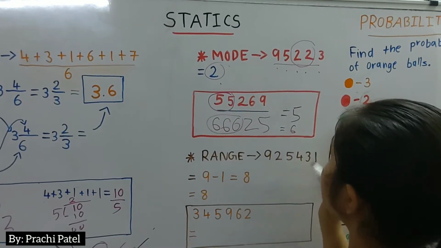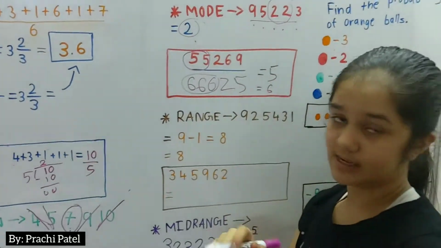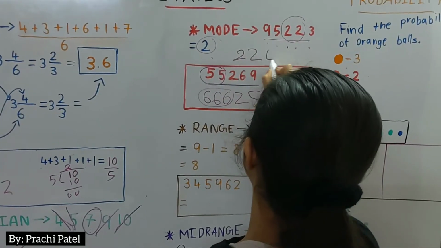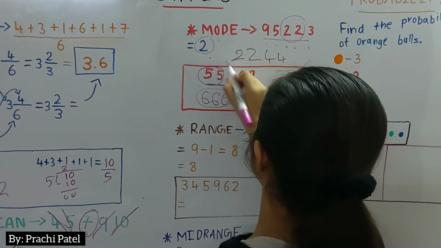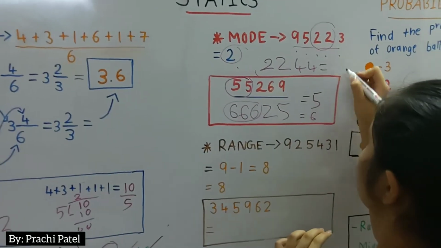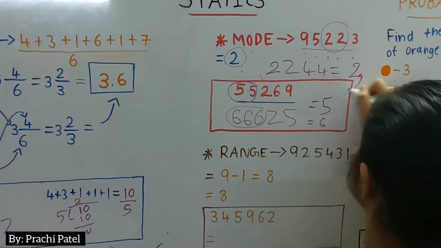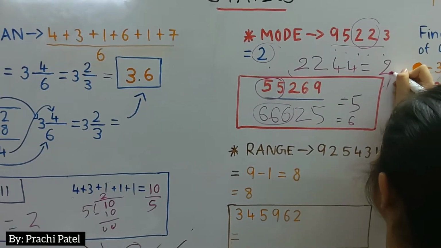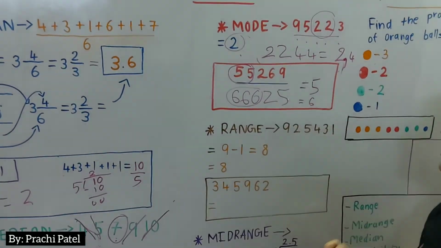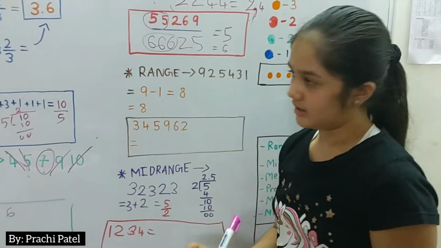Sometimes 2 numbers come, for example 2, 2, 4, 4. In this number you can find both: you can write 2 and also 4. So in this number both are called mode. One or more times, it's called a mode.